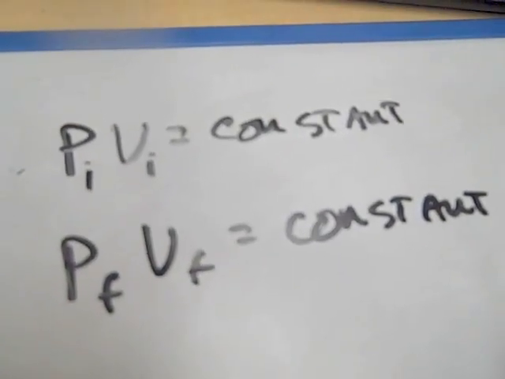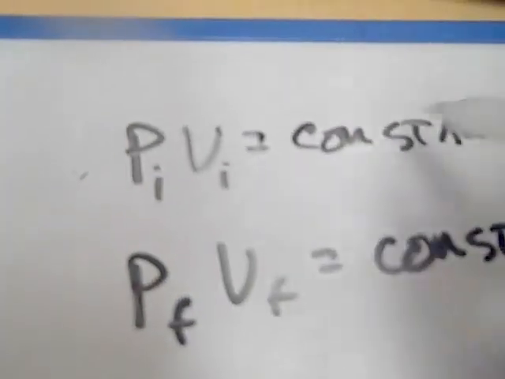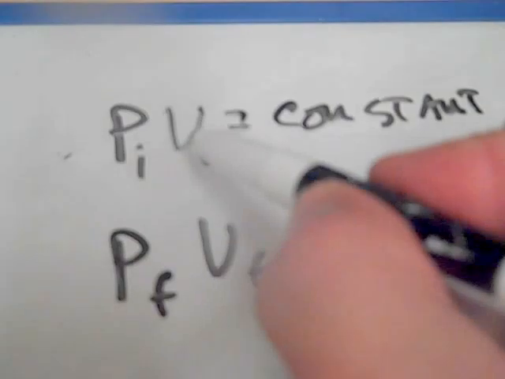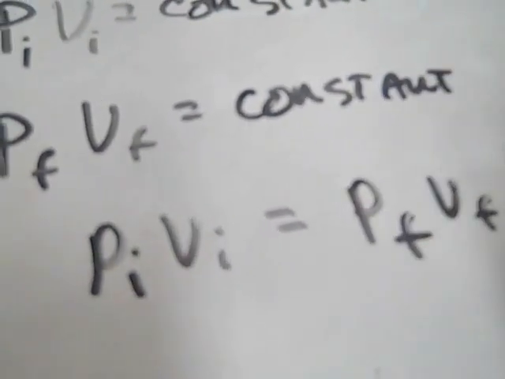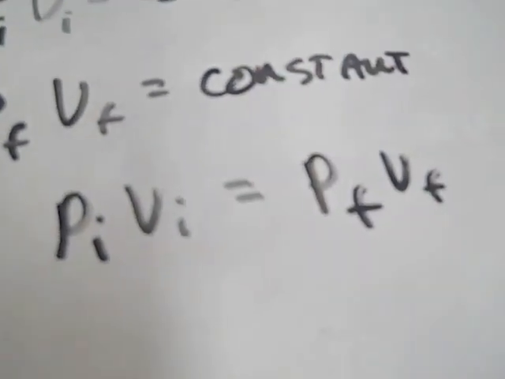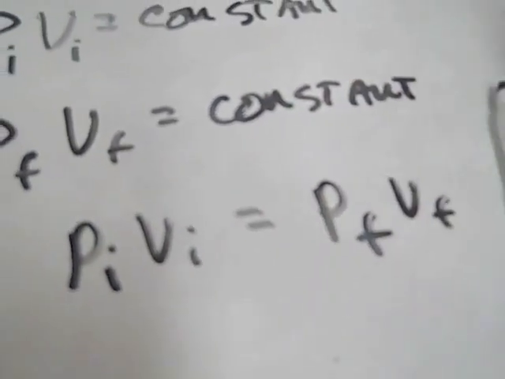Basically that means the product of the pressure and volume will equal the same constant, even if you change this. So another way to write it is like this, and that's basically an expression of Boyle's law right there.